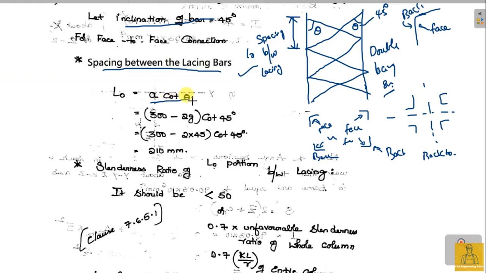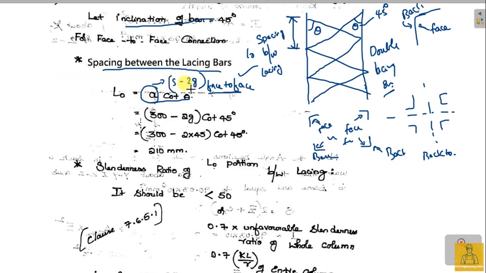Theta is the angle of inclination of the lacing bars. A is the distance between the bolt holes, which is obtained as A equals S minus 2G for a face-to-face connection. Therefore, A is equal to S minus 2G.